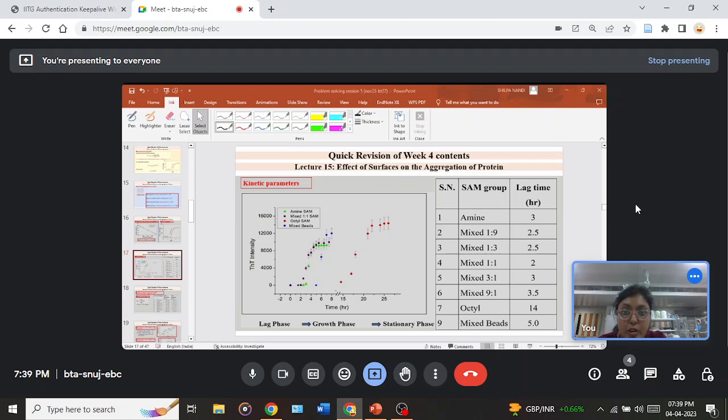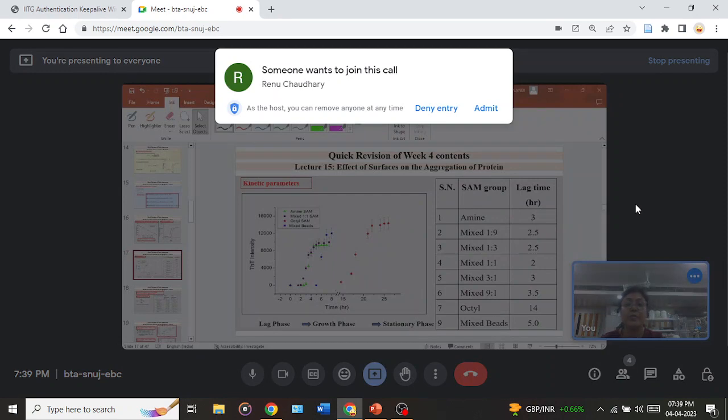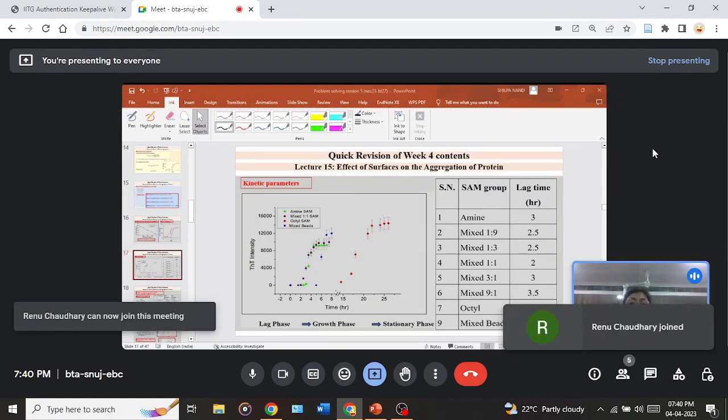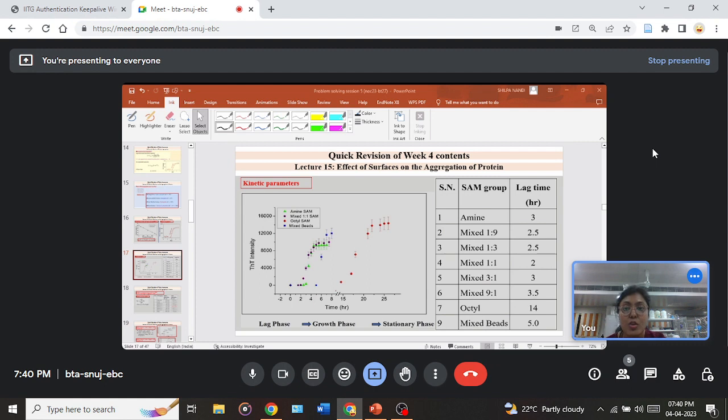Here we have four different self-assembled monolayers or modified layers. Green depicts the amine SAM. The purple one is the mixed or 1:1 SAM, red is the octyl SAM, and lastly the violet one is the mixed beads.